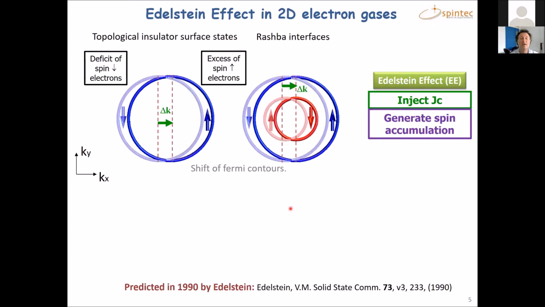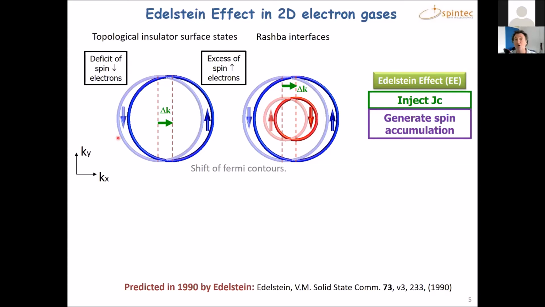In today's talk, I will mainly focus on the Edelstein effect that appears in 2D electron gases. Here is the cut of the Fermi contour of these states. When you flow a charge current, for example in the case of a topological insulator, you have a single Fermi contour. You shift this Fermi contour in momentum space, and this induces an accumulation of spin up and a deficit of spin down.